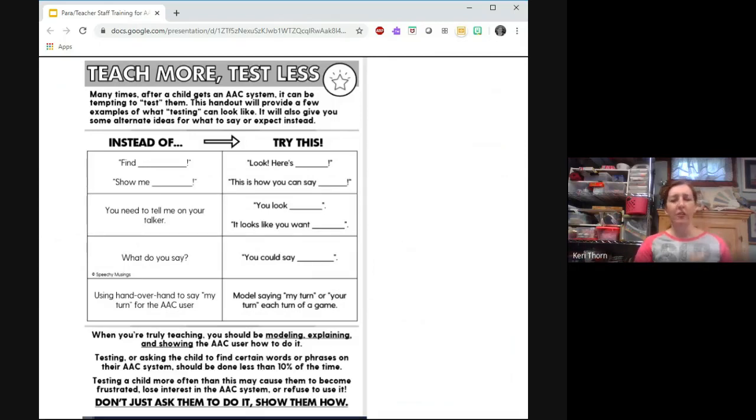I show her 100 cards. She can find them instantly, but she can't tell you if she's in pain. She can't tell you if she's happy about something. All she can do is label because we got it stuck too much as a test. It's really hard to break that cycle if they've been in it for too long.